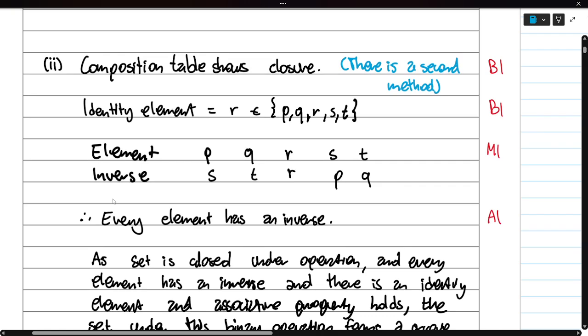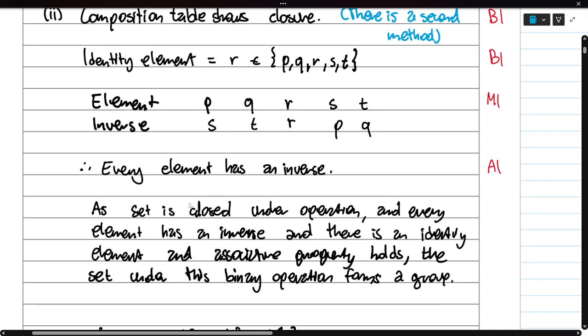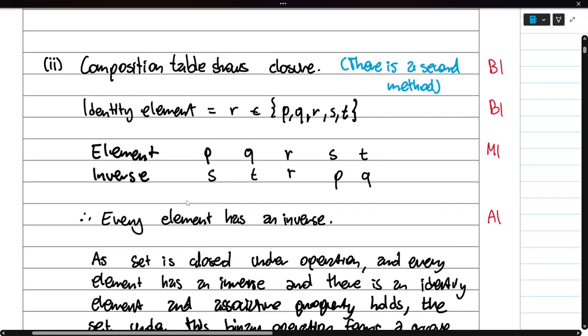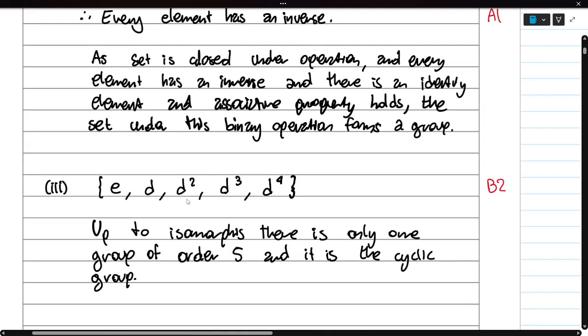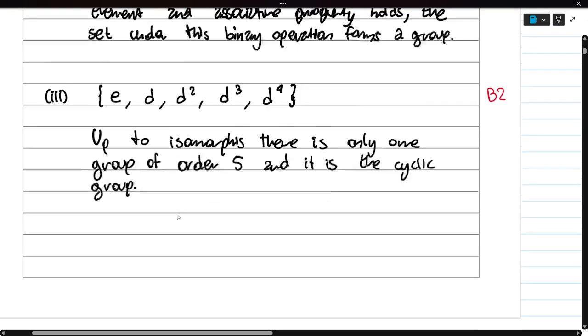Then state that every element has an inverse, and then a short conclusion. There is a second method I want to do as well, specifically because this is a group of order 5, but I'll get to that. Now, this is just a general cyclic group. D is the generator, and that's 2 easy marks.